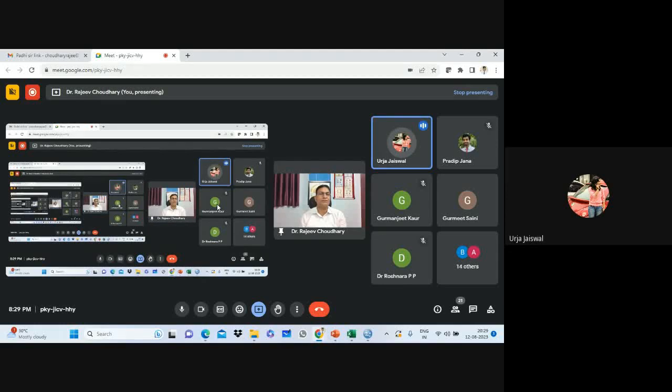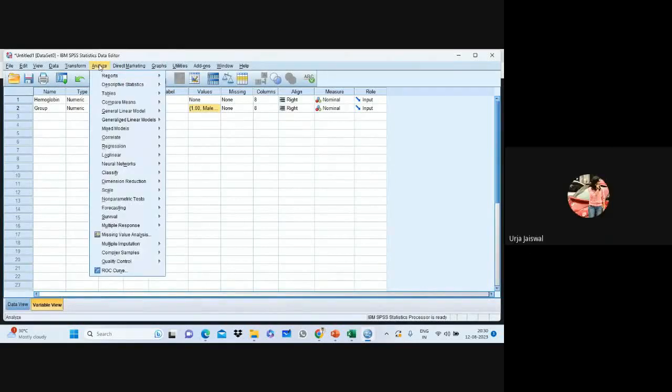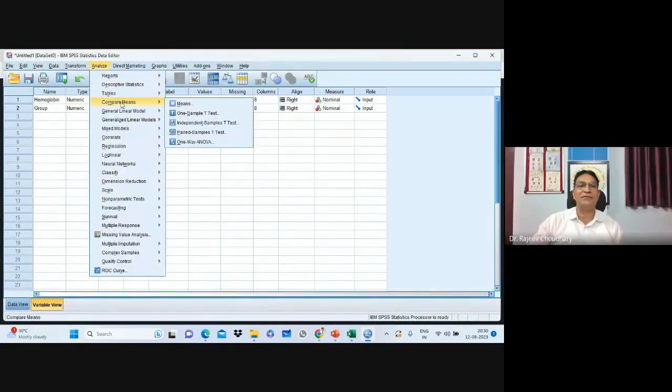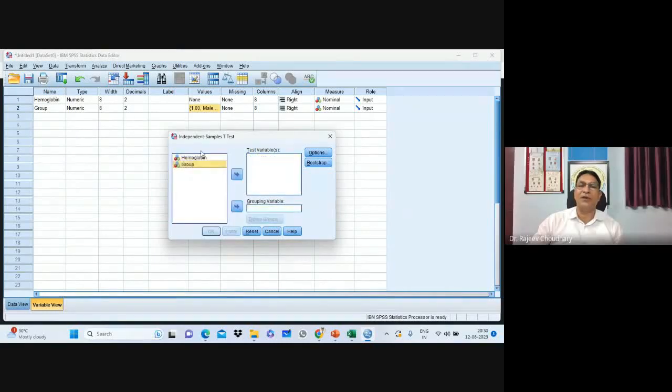Participant: After compare means, I selected independent t-test, and then I did not understand what to do. Analyze and then compare means, and then, madam, look. Independent sample t-test. Analyze, yes sir. Compare means, yes sir. Independent sample t-test, yes sir. मैं ये बाहर वापस इनिशियल पोजीशन में ला रहा हूँ। हीमोग्लोबिन को कहां लेकर जाऊं मैडम? टेस्ट वेरिएबल में। और इस ग्रुप को कहां लेकर जाऊं?